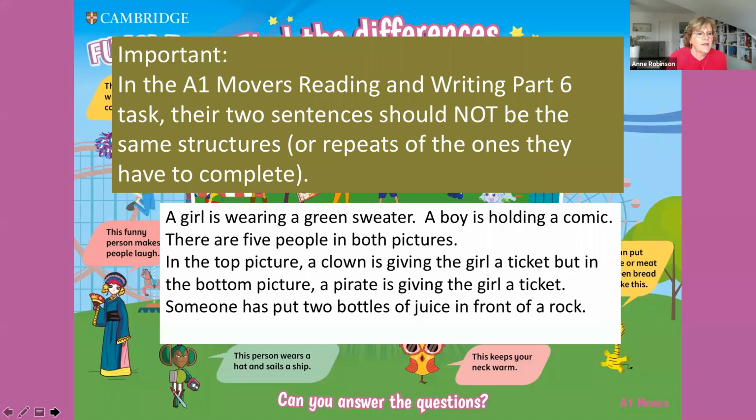I'll answer that question now. Present perfect for Movers. Okay, I should have specified. Someone has, would be A2 Flyers level. So it's not relevant for Movers in that it isn't on the syllabus. However, perhaps your course book or your syllabus does include the present perfect, but they don't need to be able to produce that language. If they can, wow.